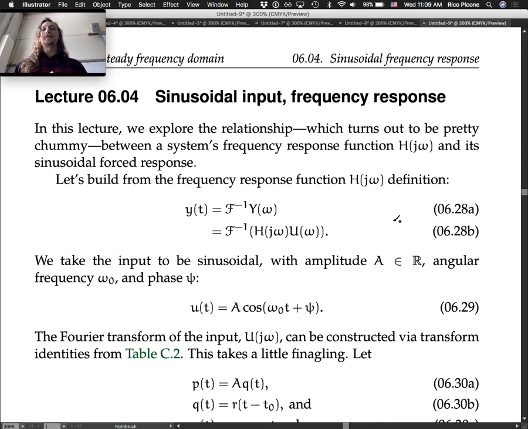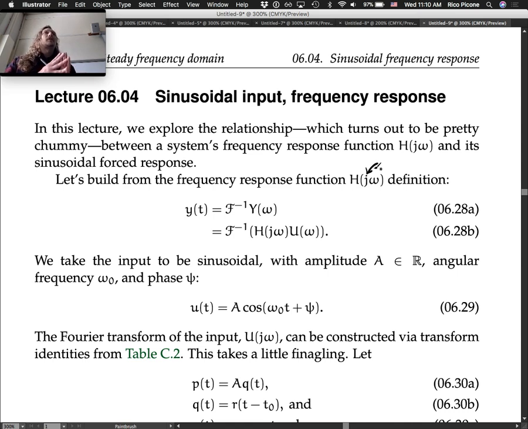Let's build from the frequency response function H of j omega definition. So y of t is, by definition, the inverse Fourier transform of Y of omega, right? There's a little bit of a notational thing here to notice. Even though sometimes we switch back and forth, I mentioned the j in there being kind of a weird thing.